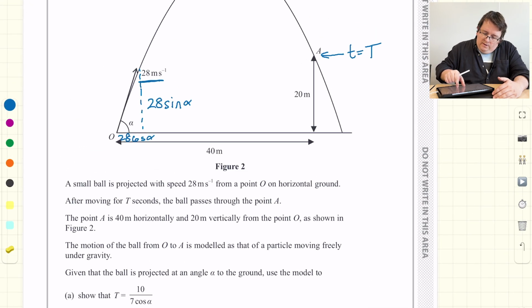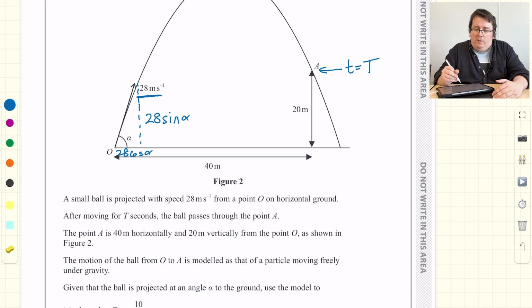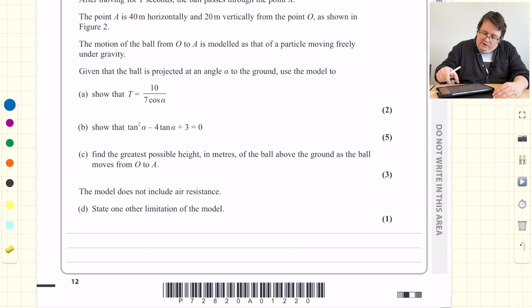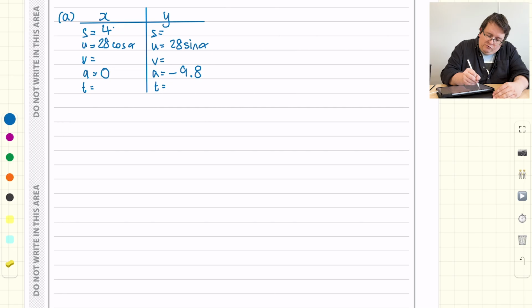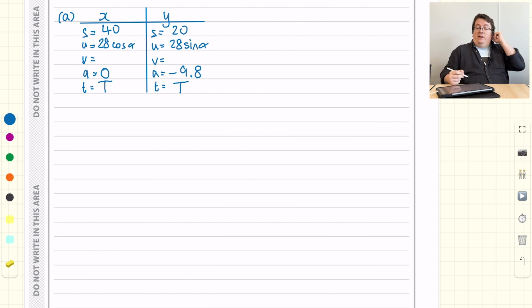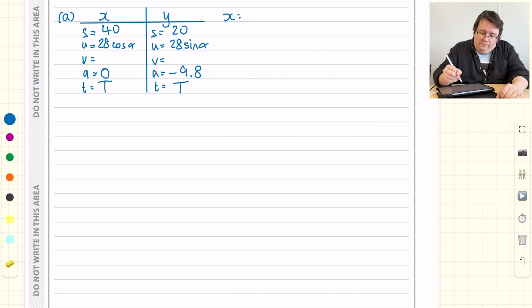Right. Now we know that we reach point A after 40 meters horizontally and 20 meters vertically. So after 40 meters horizontally, we will get to the point where the time is capital T. So we will consider the x direction, and we will use s equals ut plus a half at squared.